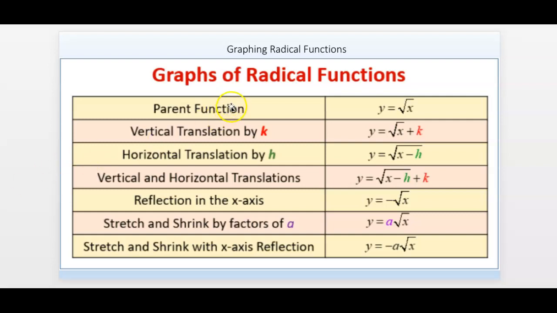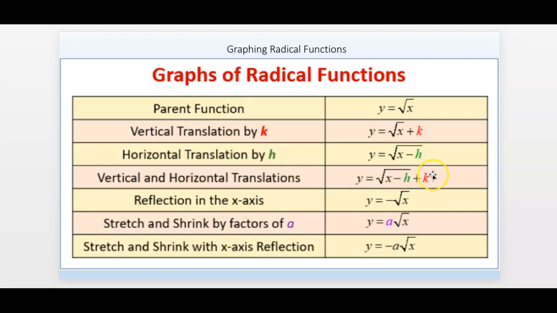And just to review, guys, this is the parent function right here, y equals the square root of x. A vertical translation up and down, just add or subtract k. A horizontal translation, left and right, we subtract h or add h. When both are in there, that's a vertical and a horizontal translation.